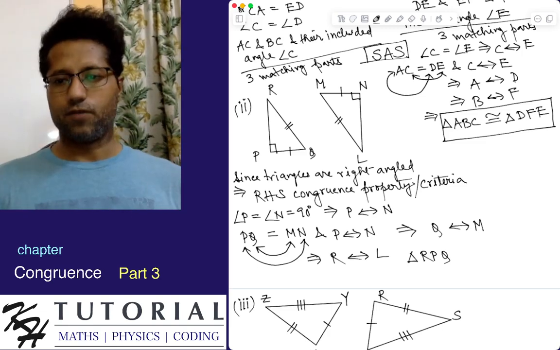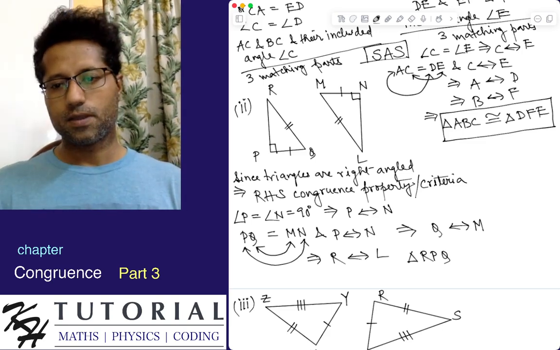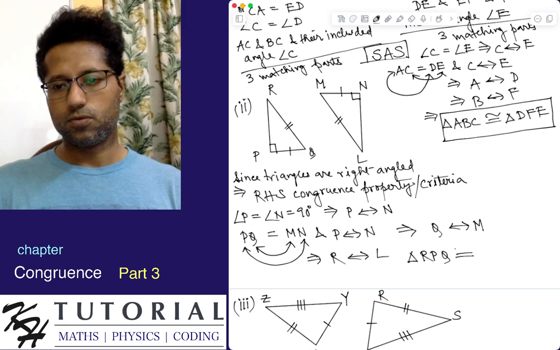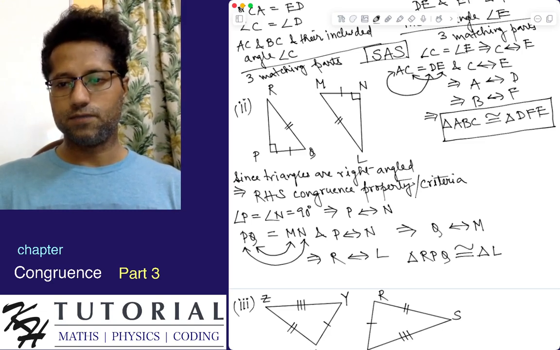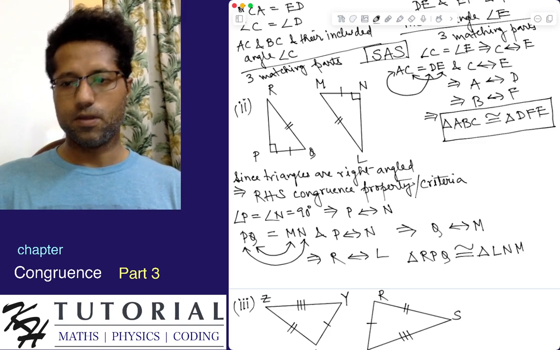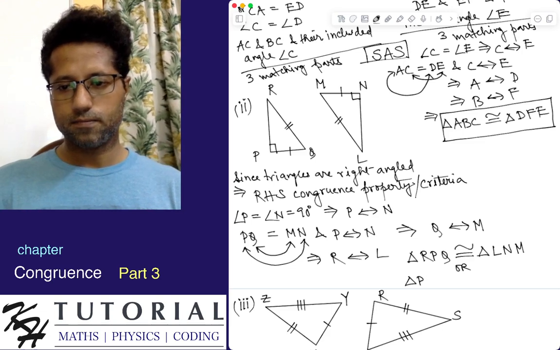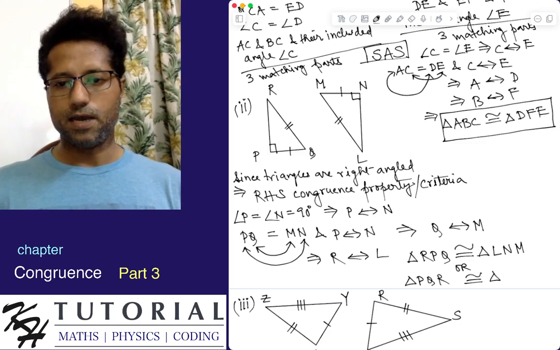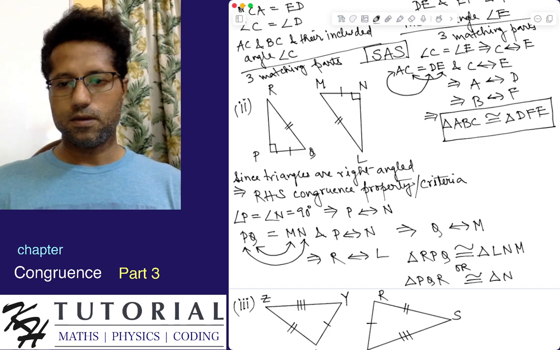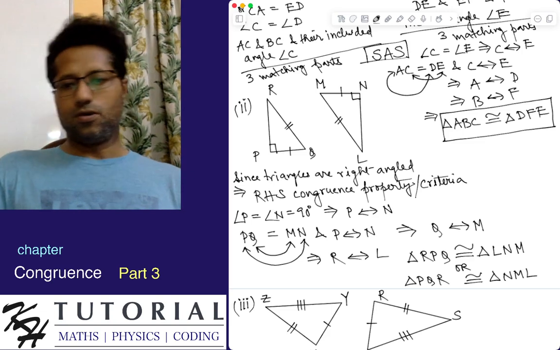For example, RPQ is congruent to LNM, since R corresponds with L, P corresponds with N, and Q corresponds with M. Or I can also write PQR: P has correspondence with N, Q with M, and R with L, so PQR is congruent to NML.